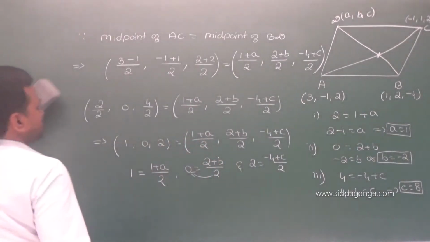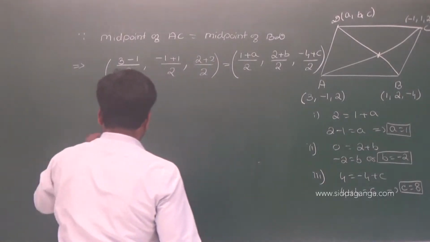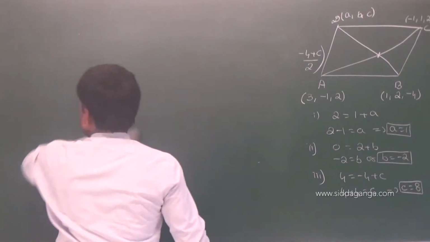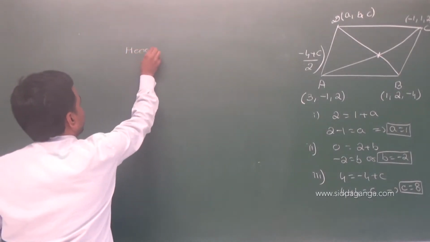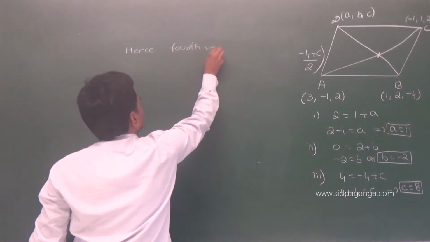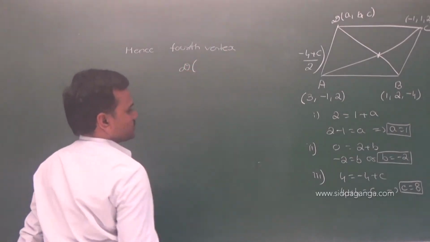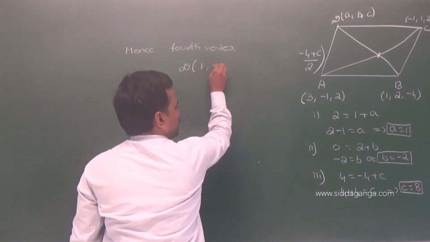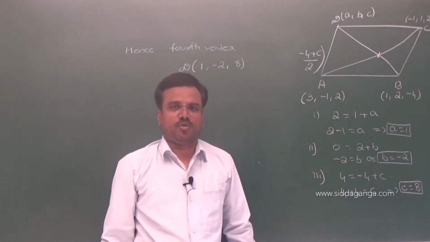Hence the fourth vertex D is 1, minus 2, 8.